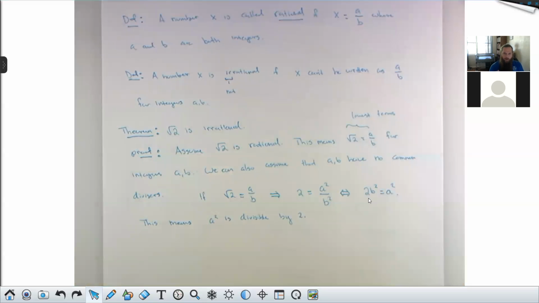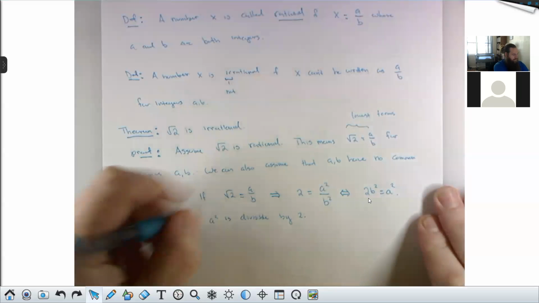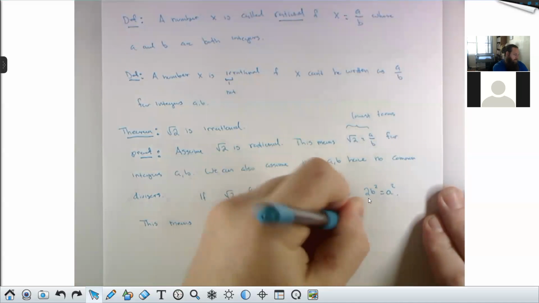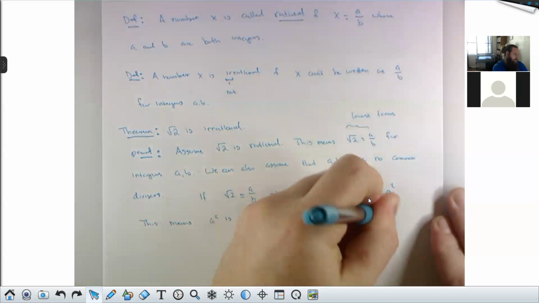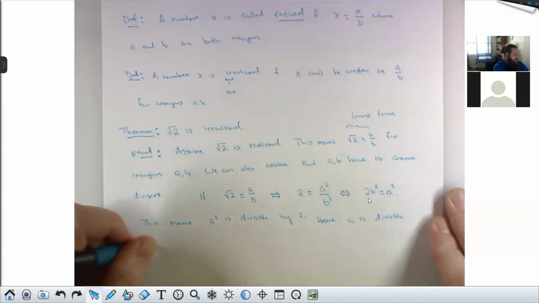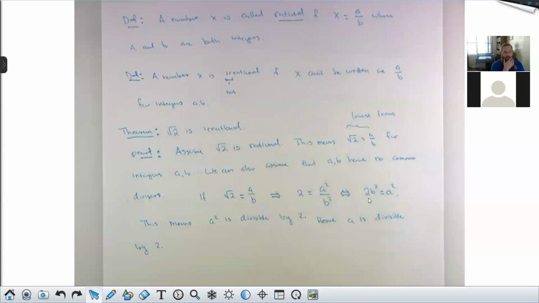But I want you to think about how a square could be divisible by 2. It means a itself must be divisible by 2.